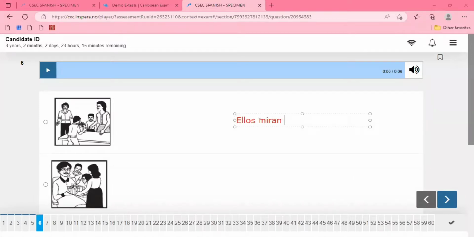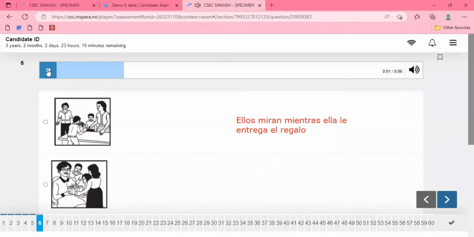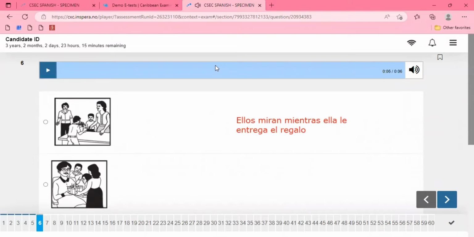So going to check if it was "ellos" or "ellas miran mientras ella le entrega el regalo." Pregunta 6. "Ellos miran mientras que ella le entrega el regalo." All right, lovely.